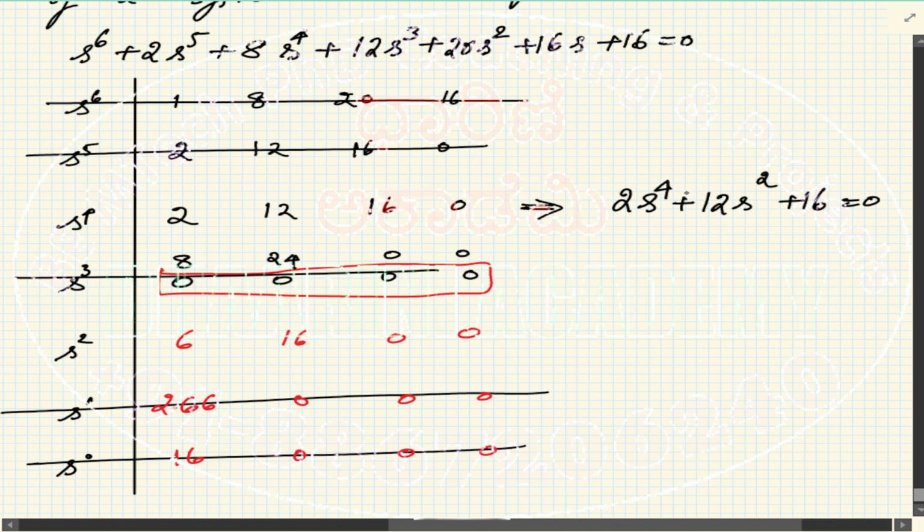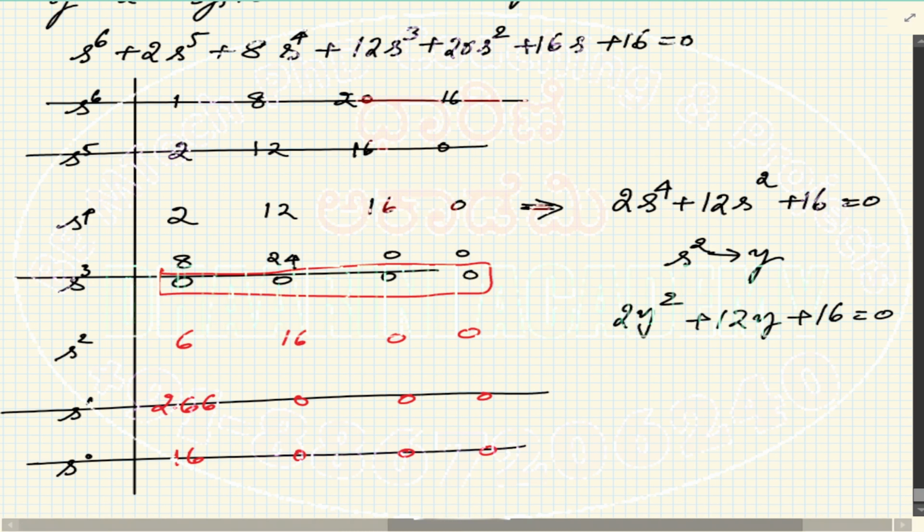Now s to the 4 means I have to get 4 different roots. Directly there is no method, so we'll make a substitution. Put s square as y. This becomes 2y square plus 12y plus 16 equal to 0. Now it's a quadratic equation, you can find y using a calculator.